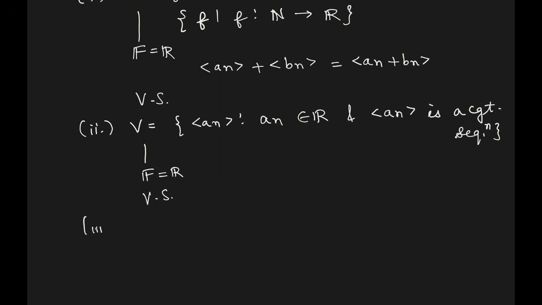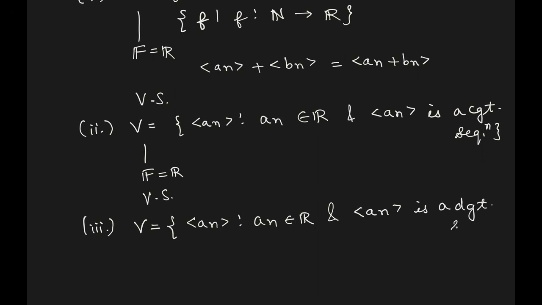Now third, sequence an is a divergent sequence. What about this? It is not a vector space.